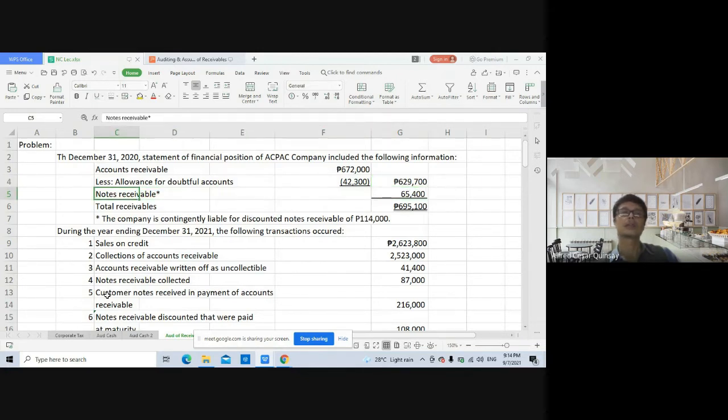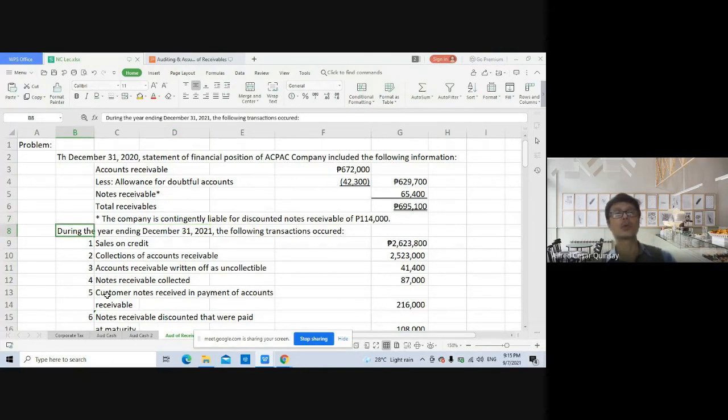Aside from accounts receivable, it also has notes receivable of 65,400, so the total receivables is 695,100. The company is contingently liable for discounted notes receivable of 114,000.